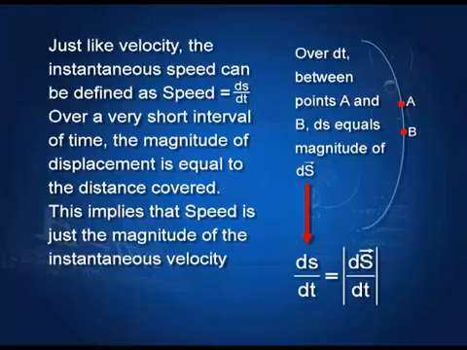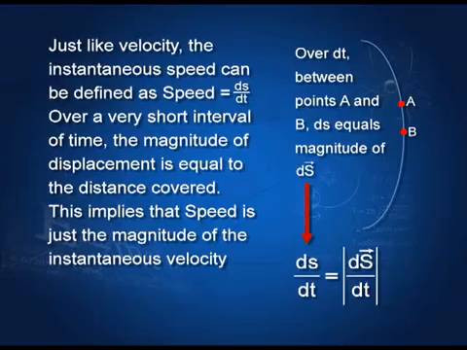How do we relate these two quantities, the instantaneous velocity and speed? Let us take the body moving on a curve, and we take 2 points very short time away from A to B. The distance is covered in a very short time dt.